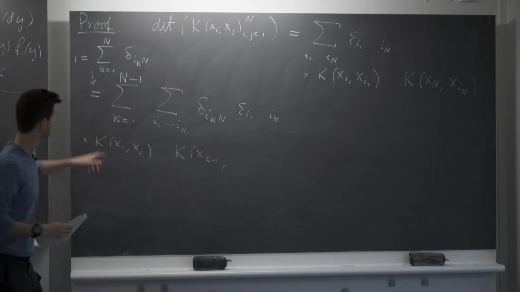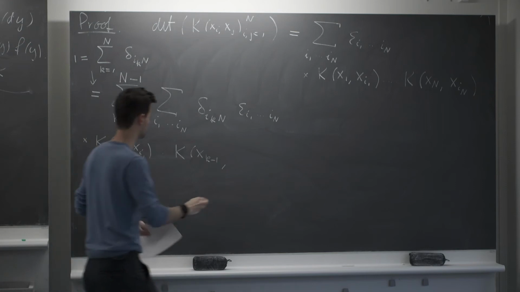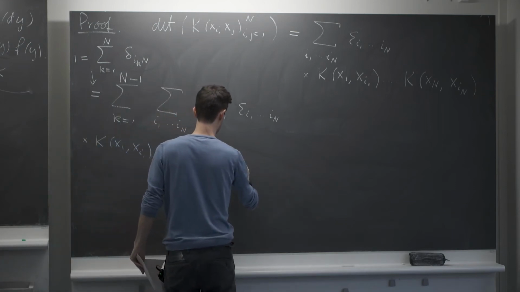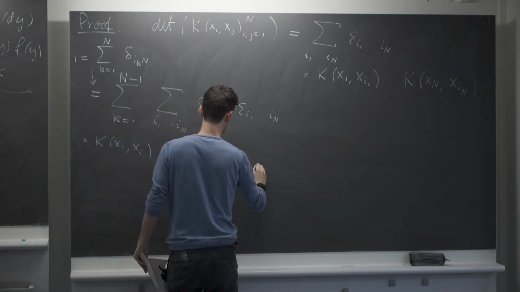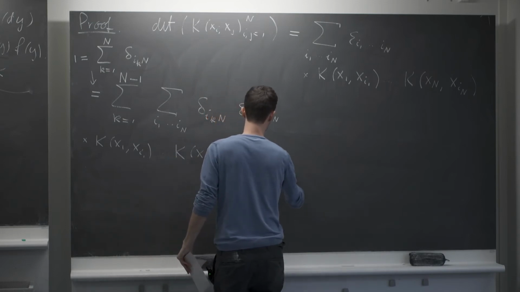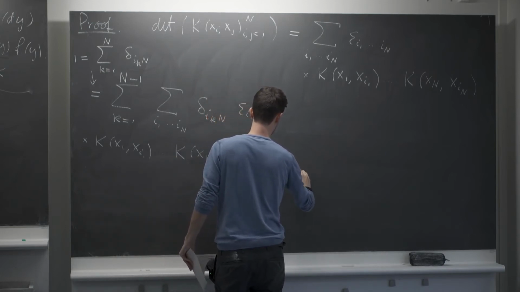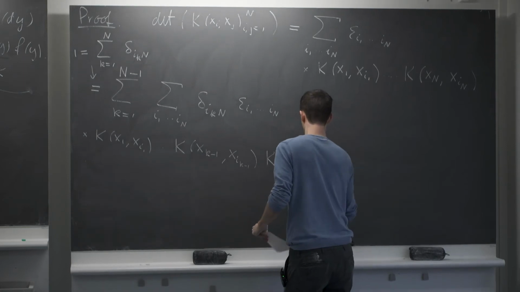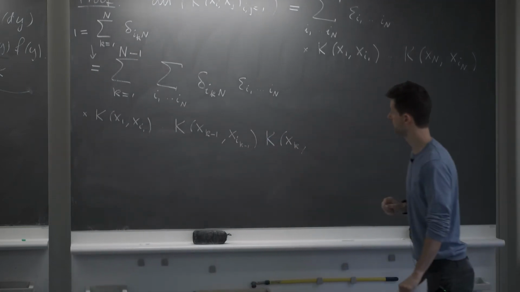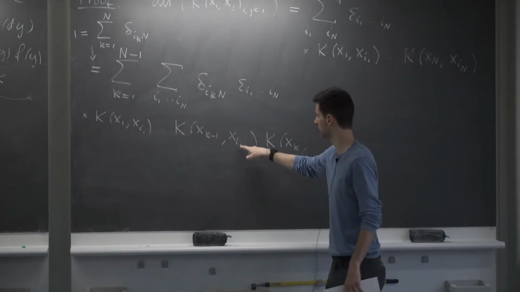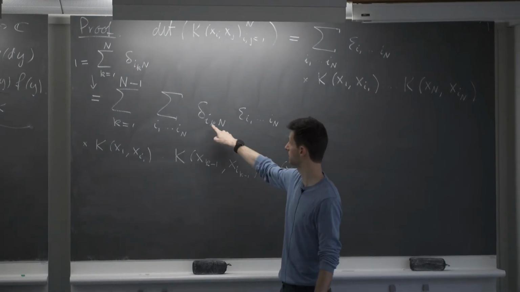Because this xn now appears at the kth factor, so let me write this out carefully. And so in the kth factor, I would have an xik, but I know that ik is equal to n.